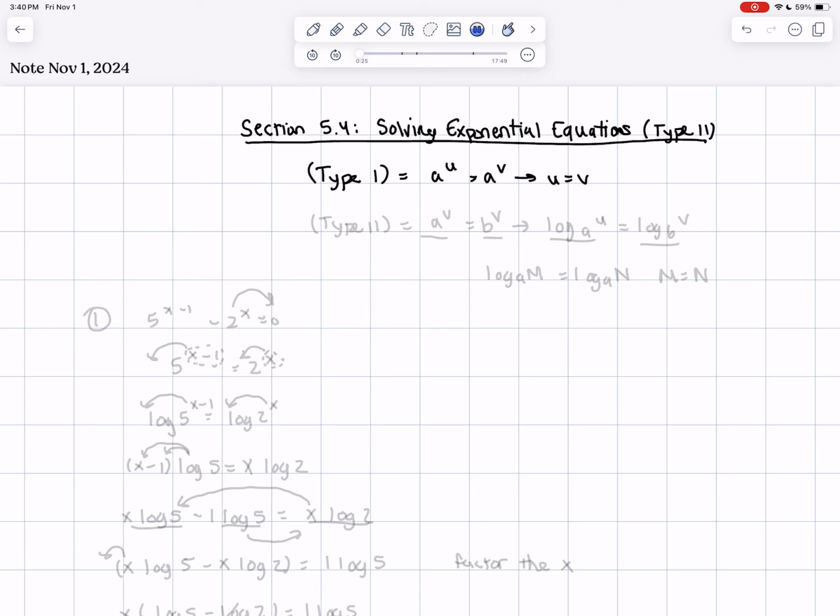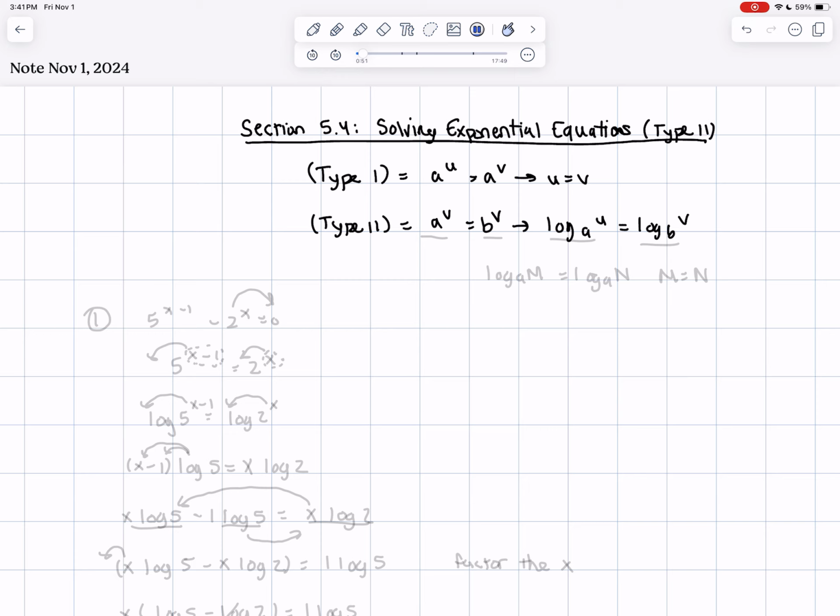But for type 2, we're going to use the same format as type 1, but it's going to be a little bit different. So it's going to be a to the u equals b to the v, which then becomes log base a of a to the u equals log base b of b to the v.